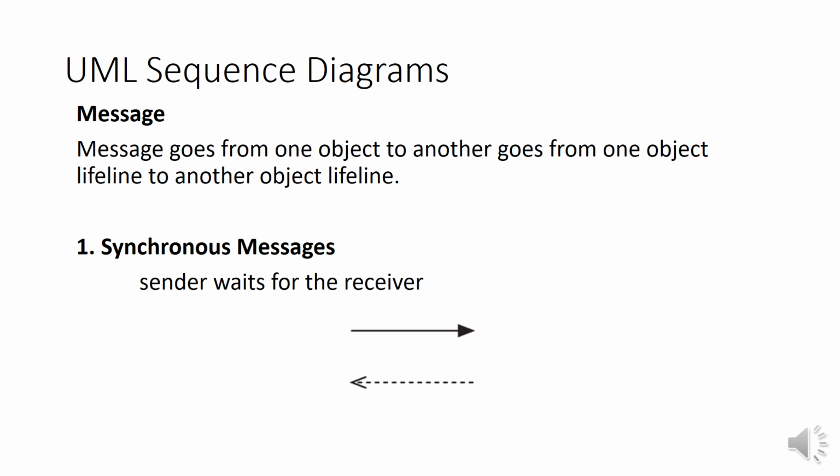A synchronous message also requires a return message, and the return message is represented by a dotted line. Synchronous message indicates that the sender can't do any other operation until it gets a response from the receiver. It will not do any other work until it gets a reply to this message.